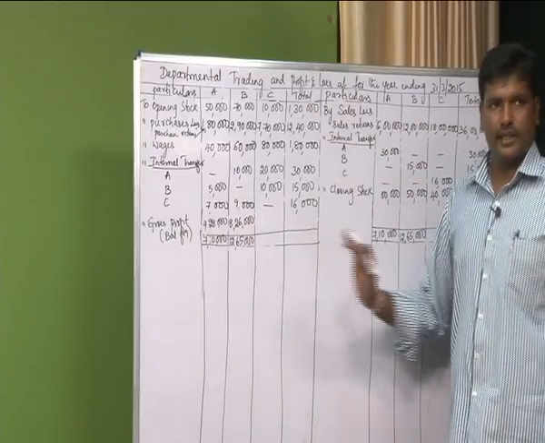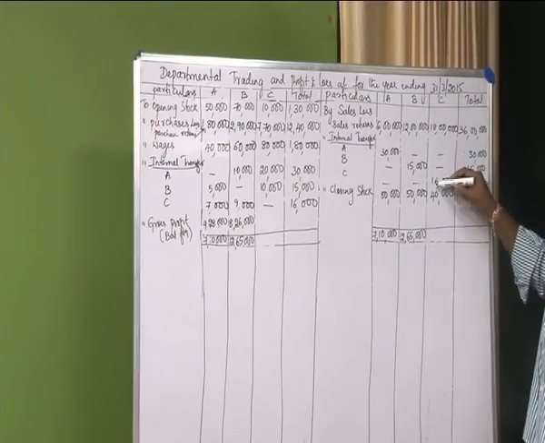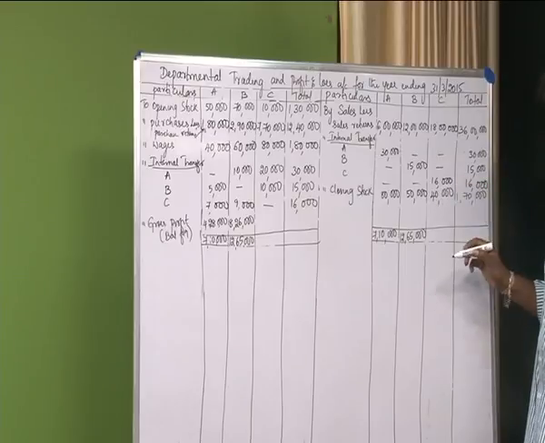8 lakh 26,000. Now we will come to this column. 18 lakh plus 16,000 plus 40,000.